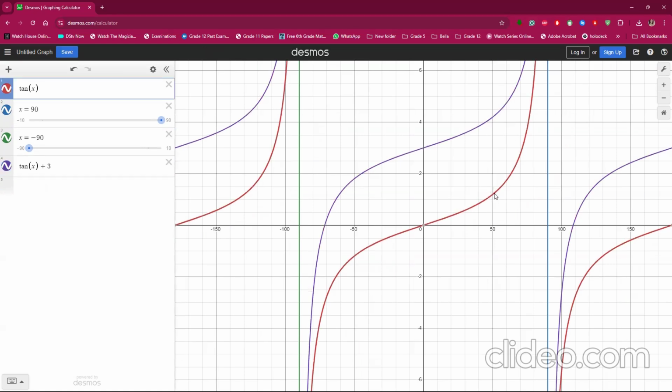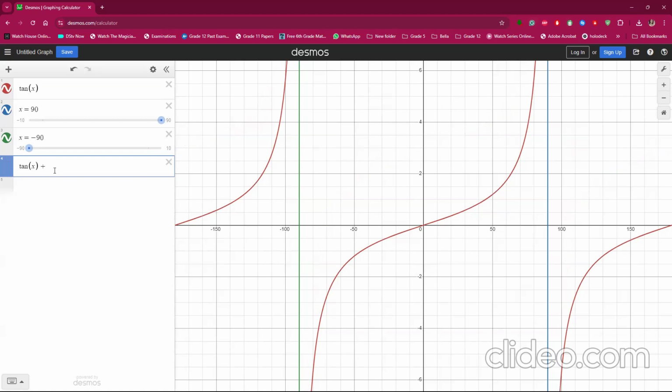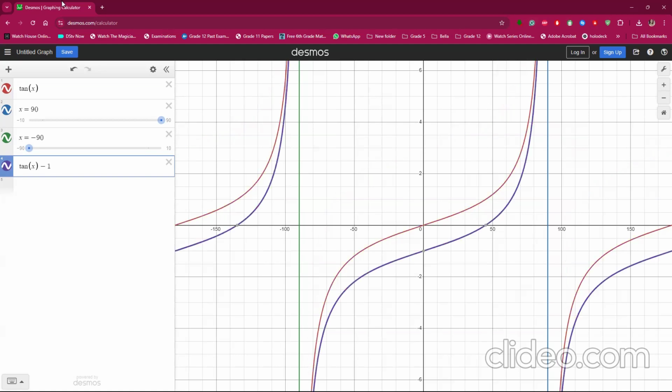Where you got 45 and 1, you will now have 45 and 4. Okay. So you're moving all the values up by 1, and you can also move the values by 3, and you can move the values down like that. So all the values go down by a point of -1, and that's just you having to understand that.